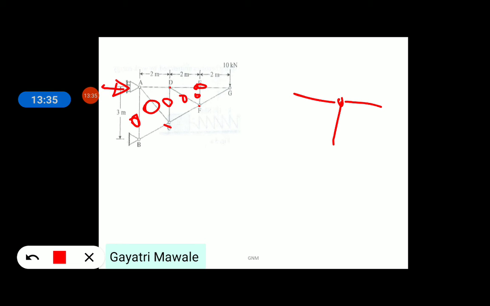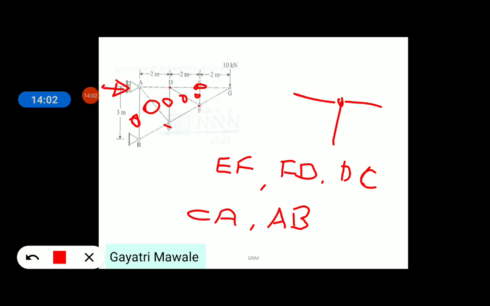So if we find out the 0 force members here, which are EF member, then FD, DC or CD you can say, then CA and AB. This much are 0 force members shown in this truss.